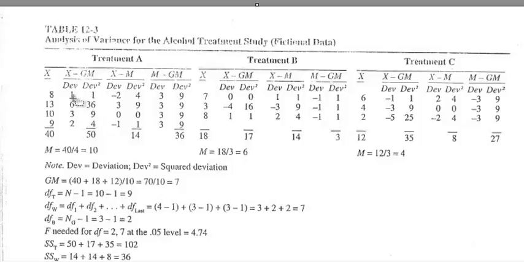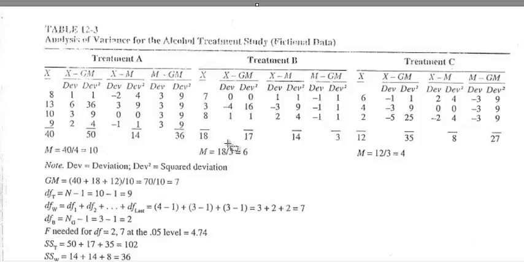So 1 squared gives us 1, 6 squared gives us 36, 3 squared gives us 9, 2 squared gives us 4. So that gives us a sum of the squared deviations between individual scores and the grand mean of 50 for those subjects that are in treatment A.